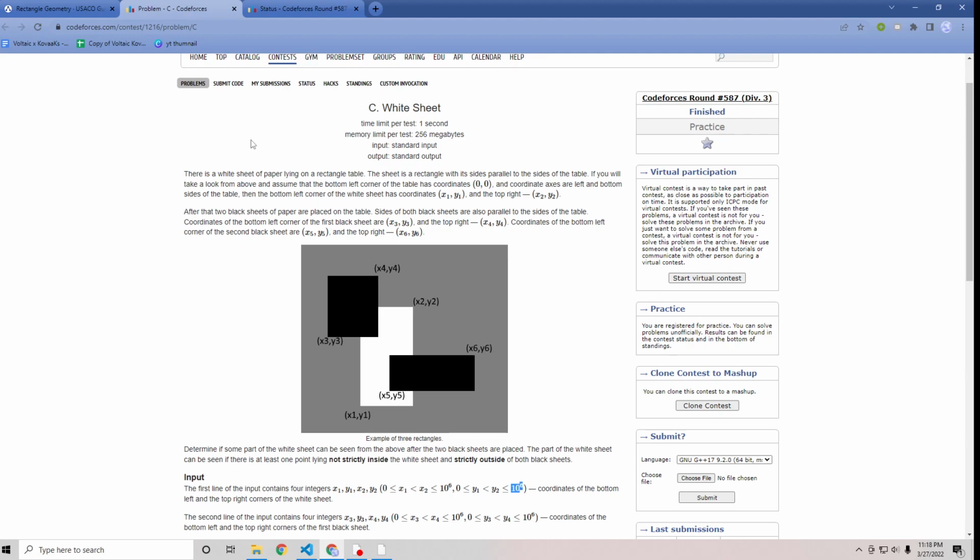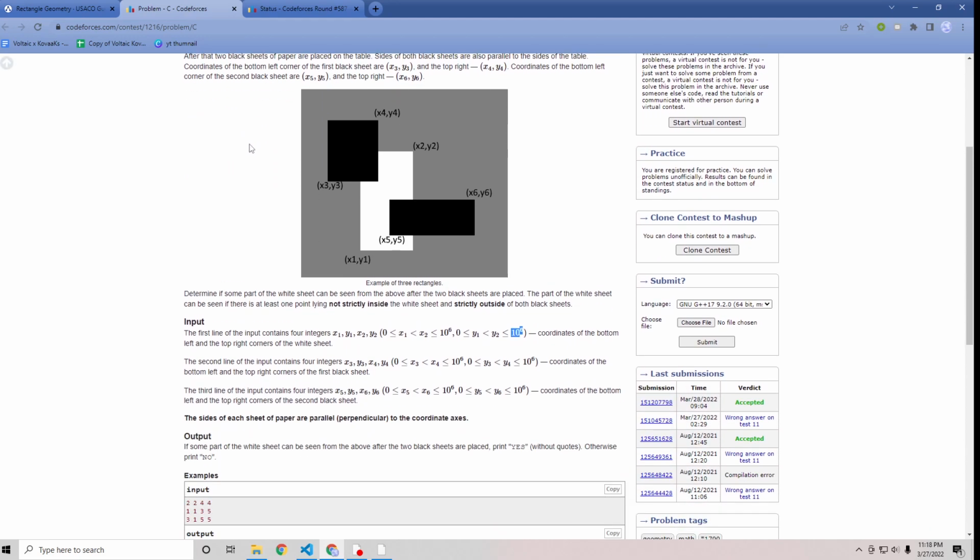The key thing is that all rectangles will be parallel to the x and y axis, and for each rectangle in the input, we're given the bottom left and the top right corner. The first thing to notice is that the bounds for the x's and y's are pretty high.